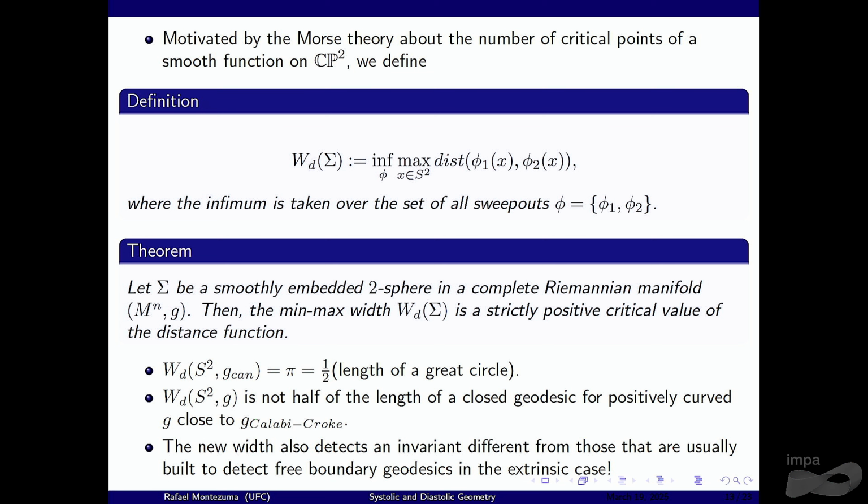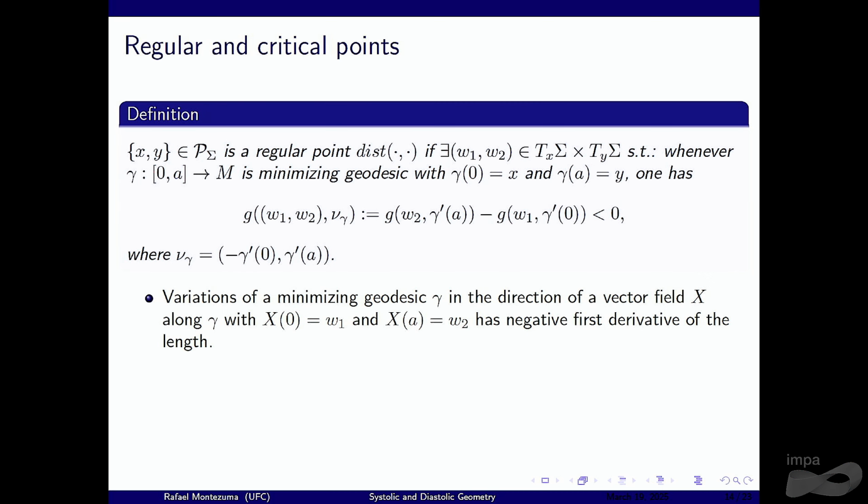That's the comment. And even in the case that sigma is embedded in some space, it's easier to get examples in which the free boundary geodesic does not coincide with the thing that you get here. So it's an example similar to the one with the elongated ellipsoid. Okay.